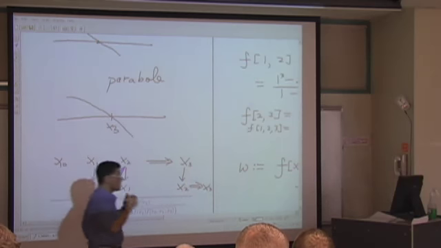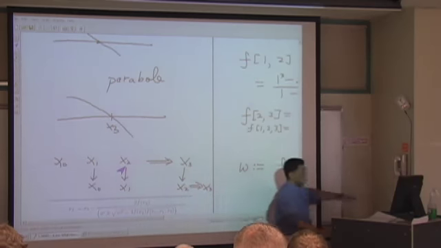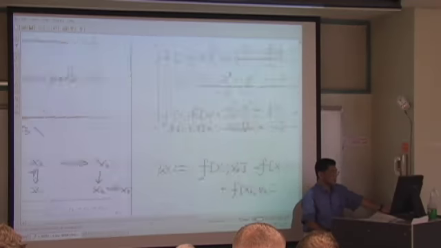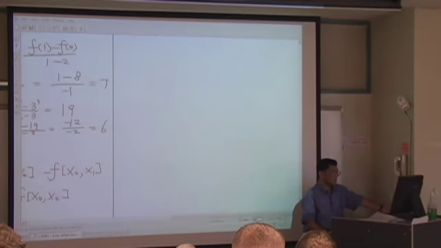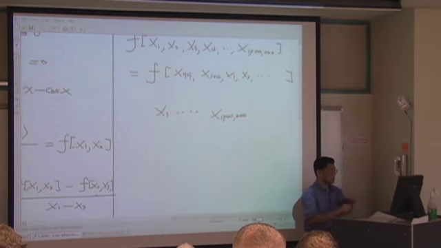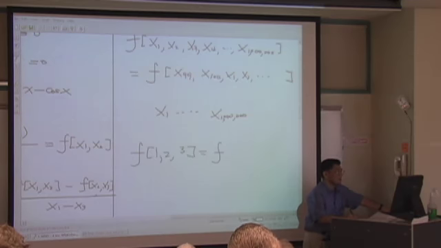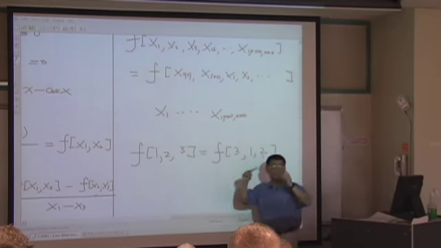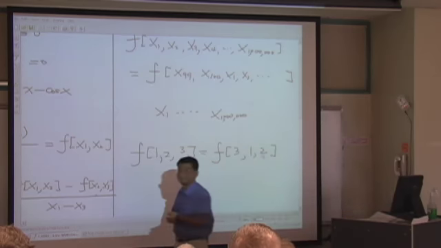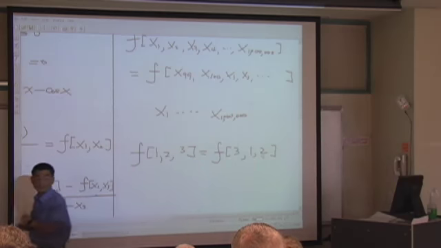But theoretically, no matter how you write them, the result will be the same. In other words, I will write an example. For any function, f of 1, 2, 3 will be the same as f of 3, 1, 2, or 3, 2, 1, or 1, 2, 3. Anyway, it's okay. Theoretically, it's completely proved.